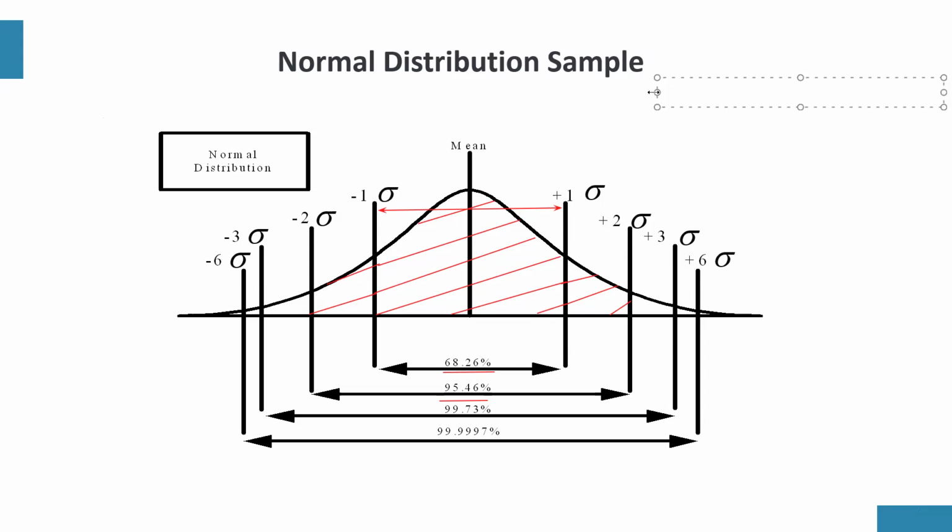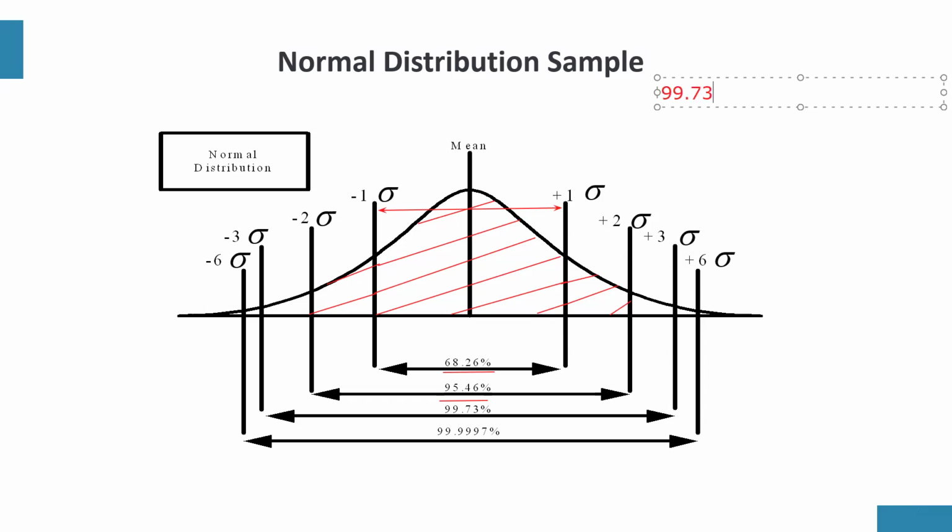So of course, 68.26%, that's 1 sigma. 2 sigma is 95.46%. 3 sigma is 99.73%. And 6 sigma is 99.9997%. Now, my question is, is 3 sigma much different from 6 sigma?